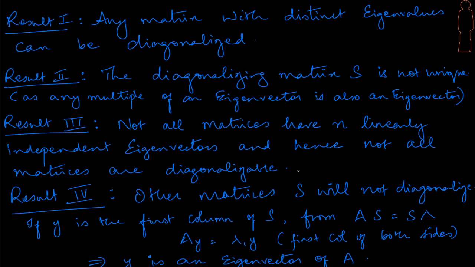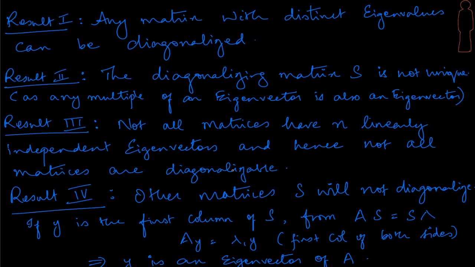It is diagonalizable when it has n linearly independent eigenvectors. Now, we are not stating that only if a matrix has distinct eigenvalues is it diagonalizable. That's a wrong statement to make. Even with repeating eigenvalues, it is still possible, because I may be able to produce n linearly independent eigenvectors. Therefore, that fact must be kept in consideration. So, look at the third result very carefully. When a matrix has n linearly independent eigenvectors, then it is diagonalizable. If not, it is not diagonalizable.